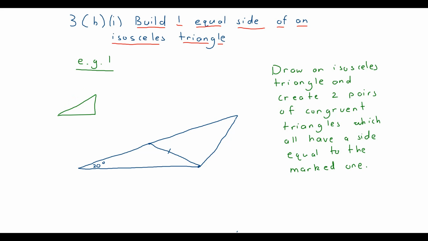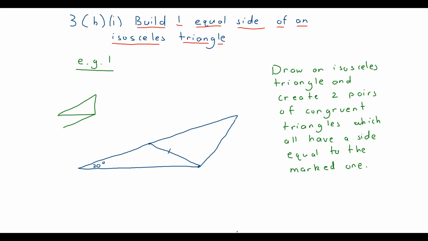Or I build an isosceles triangle off this side like this, or I build an isosceles triangle off this side like that, choosing it to be the same length, and I can make the angle in here whatever I want.